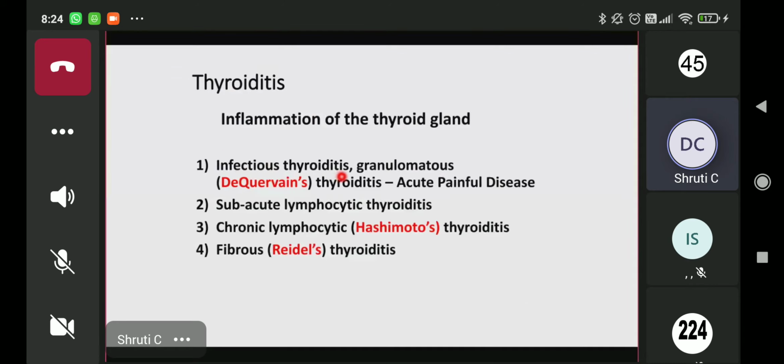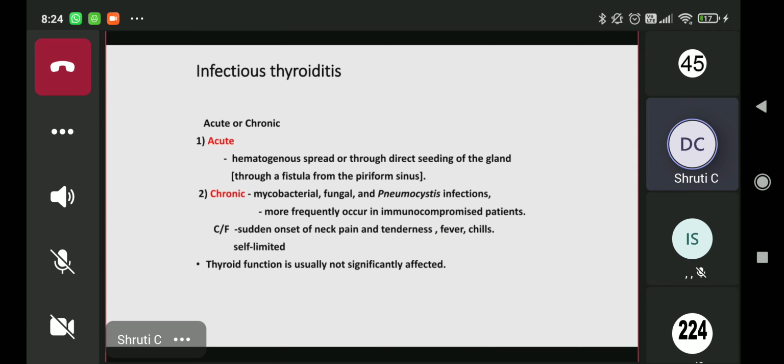It could be infectious thyroiditis, granulomatous, also known as de Quervain thyroiditis. It is acute and painful. You should remember this, that it is acute and painful. Then subacute lymphocytic thyroiditis, chronic lymphocytic, that is Hashimoto's, and fibrous or Riedel's thyroiditis. Okay, so infectious thyroiditis can be acute, where there is direct seeding of the gland.